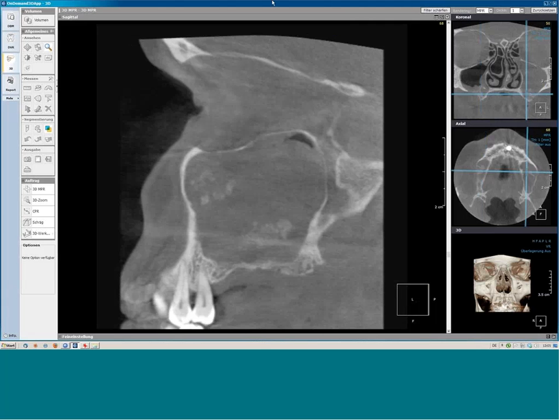The sinus is almost completely filled with fluid. I don't know exactly, but the patient told me that it was very thick fluid, and she had a longer history of maxillary sinusitis.